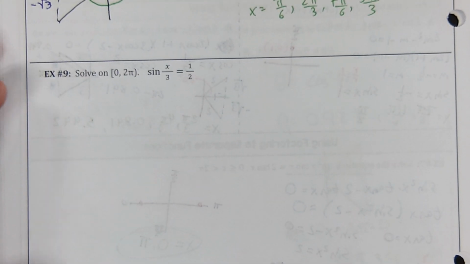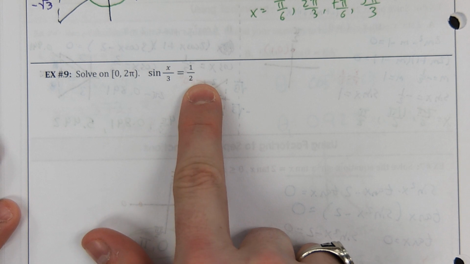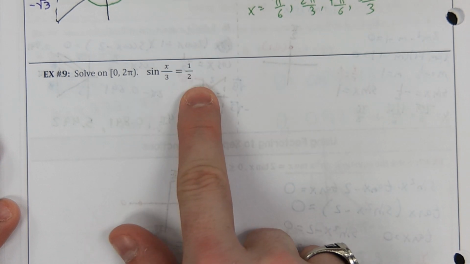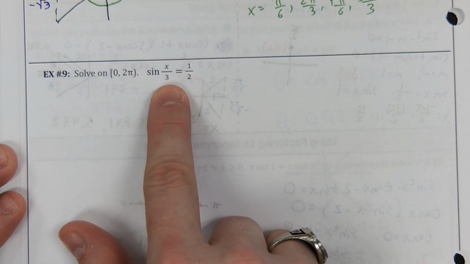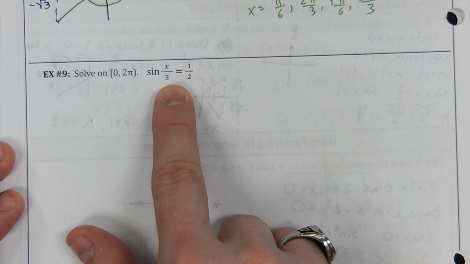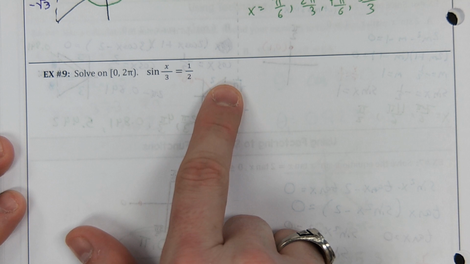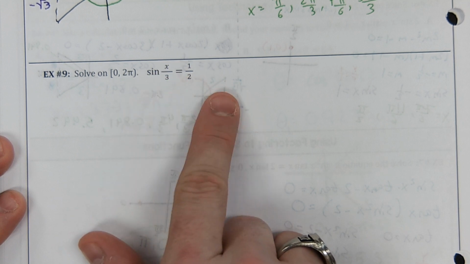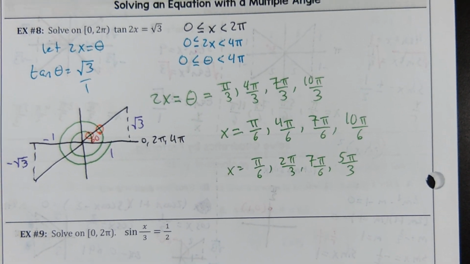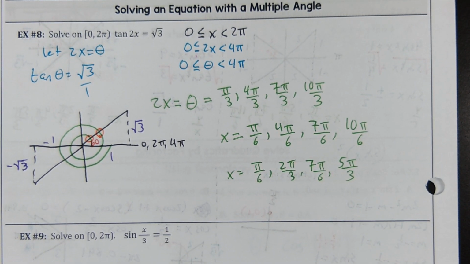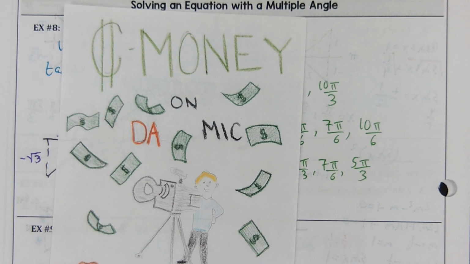For example, sine should have equaled this 2 times in one circle. This period is 6 pi, so I'm not going to have 2 solutions. At most, maybe 1. There might be no solutions. But we'll tackle that tomorrow. So it's just a good indicator for yourself.